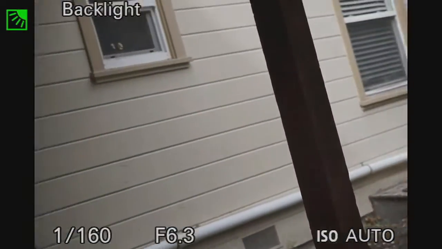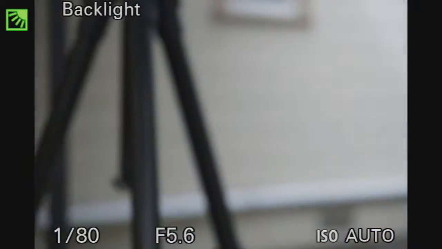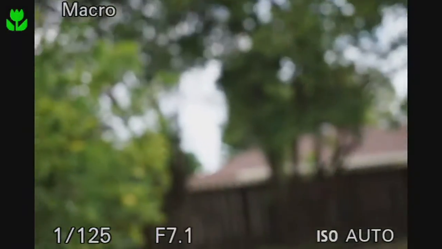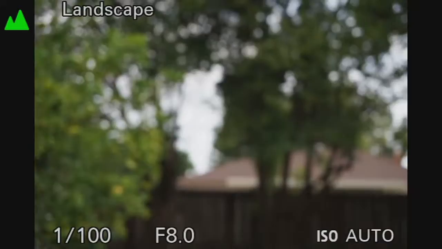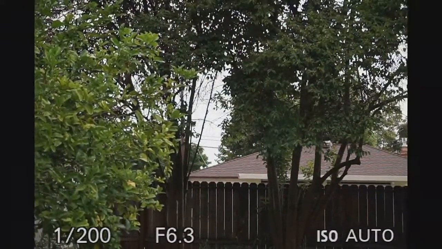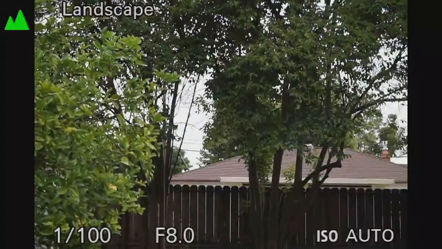Well, I'm just setting up a quick little still life here on my side table. And we'll go back to the tripod to give it some stability.